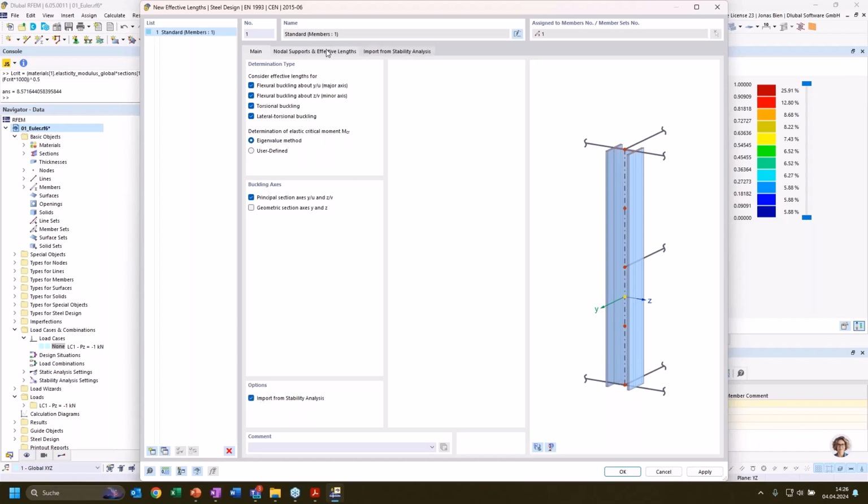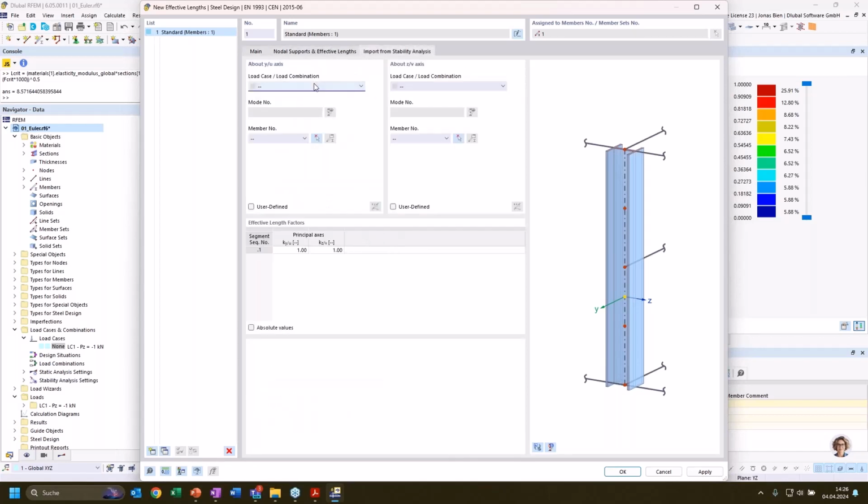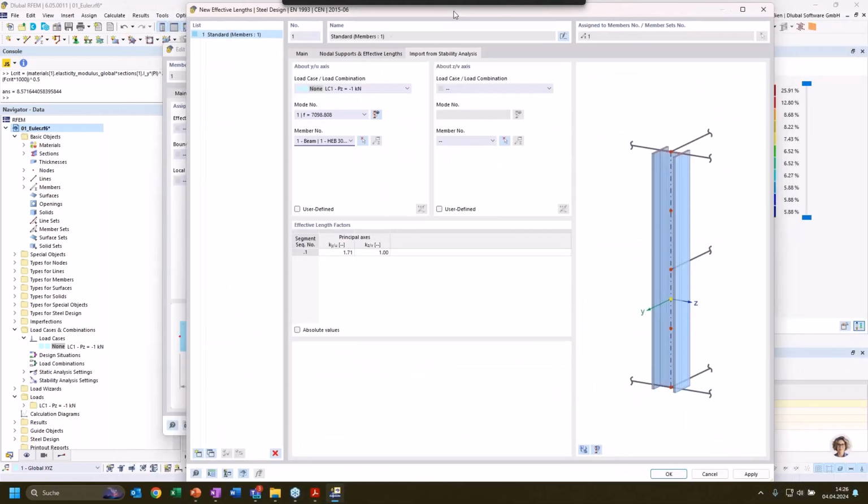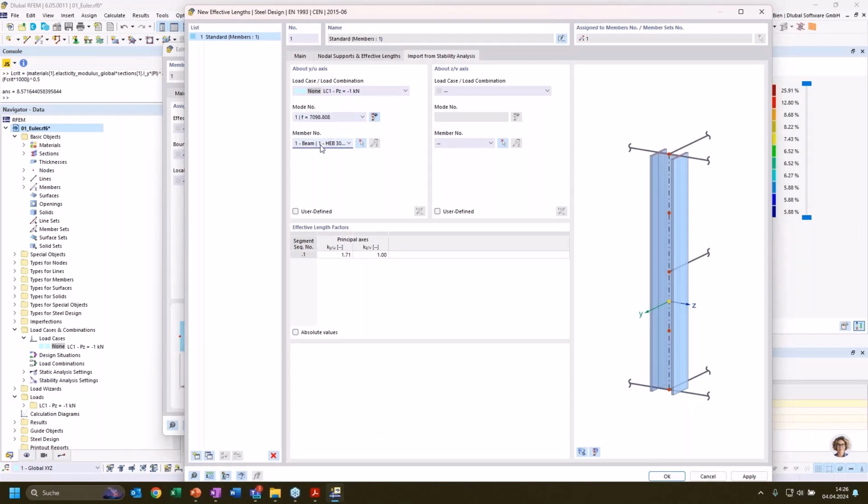If I click this, we get another tab where I can enter the load case, the mode shape, and the member number. Now it would take the buckling length coefficient from mode number 1 for beam number 1, evaluate the effective buckling factor, and use it for the design.